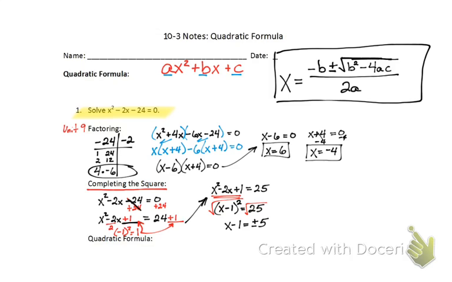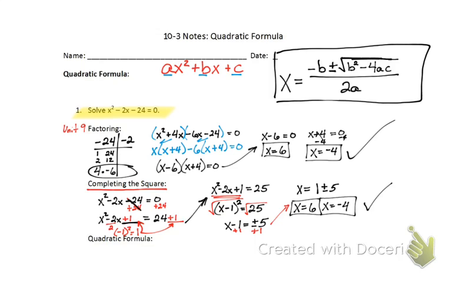Then, to solve, you would add 1 to both sides, giving you x equals positive 1 plus or minus 5, which, since this was a whole number, 1 plus 5 is 6, and 1 minus 5 is negative 4. So, we got the same two answers as we did using the factoring form.